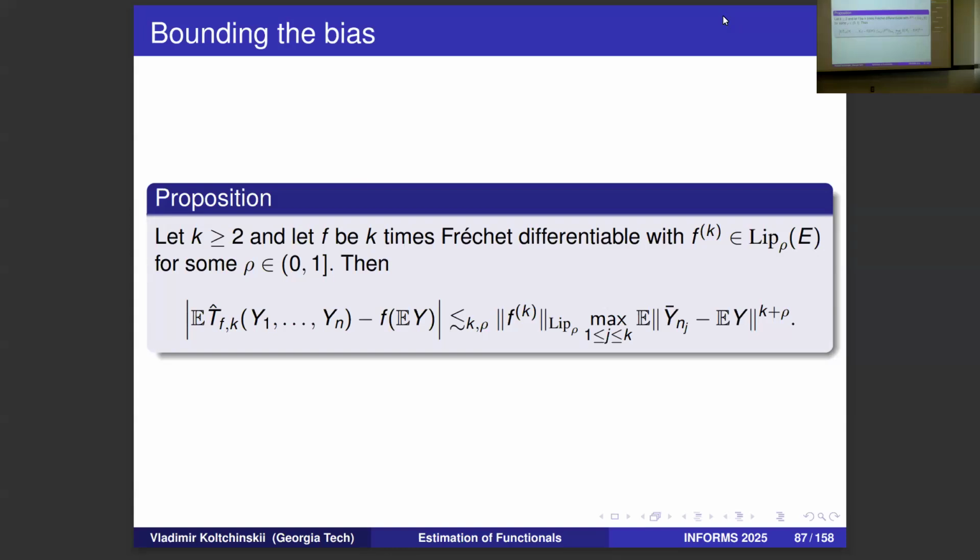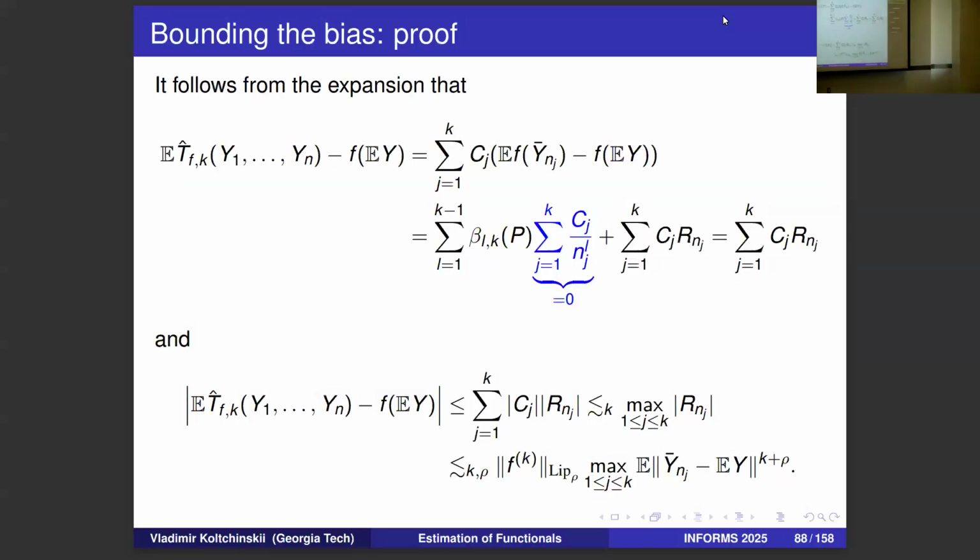Okay, so now this is again the argument that shows this, based on using this decomposition that I stated, and using the fact that we chose the coefficients and sample sizes in a convenient way so that all lower order terms will become zero, only remainders will survive, okay, as a result. So that's the idea behind this method. It's an old idea used in statistics for quite a while, actually, in bias reduction problems.